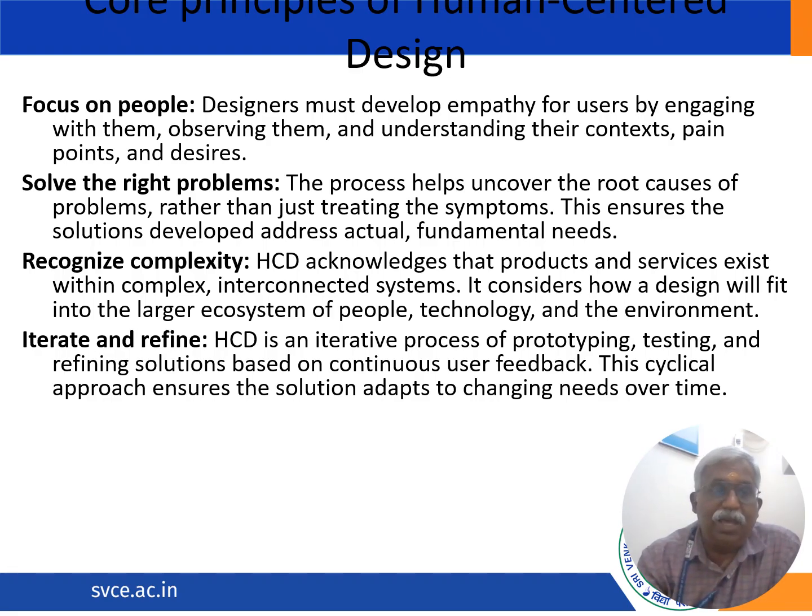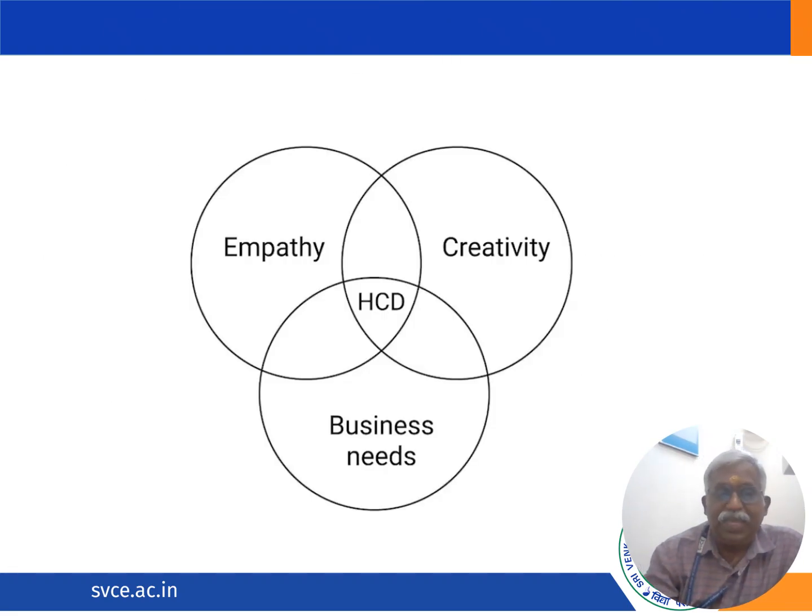HCD comprises three important factors. One is empathy, creativity, business needs. Based on creativity, sometimes we will solve the problem easily. Creativeness, with a suitable empathetic manner, we will solve the problem.